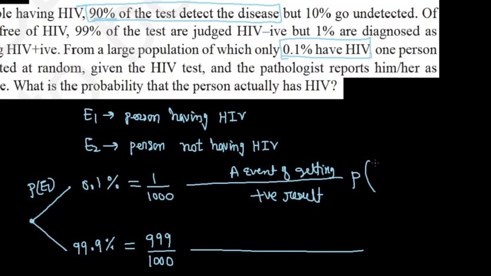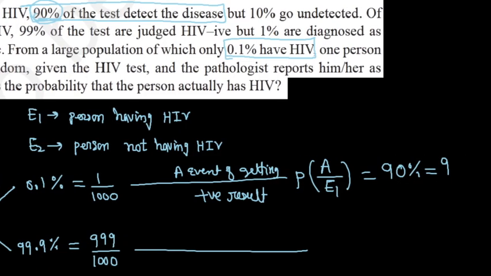So what is the probability of A when E1 is given, that is, the probability of a positive result when a diseased person got tested? 90% of tests detect the disease, so 90 by 100.